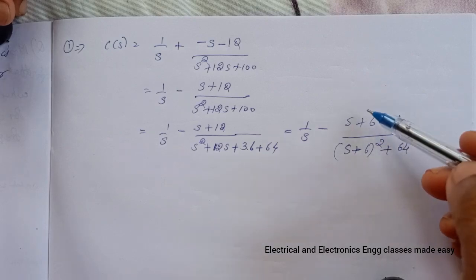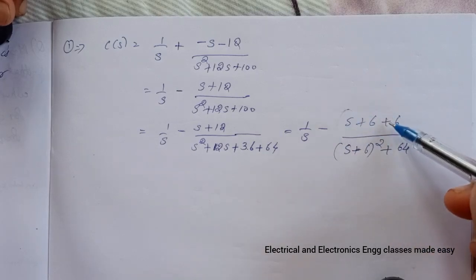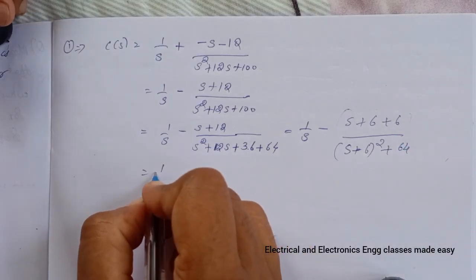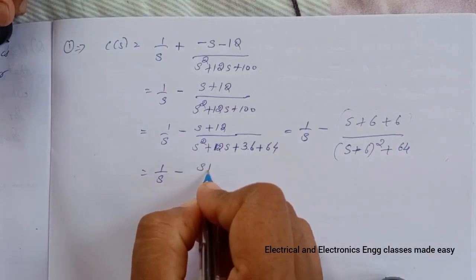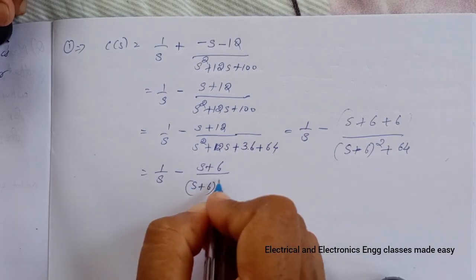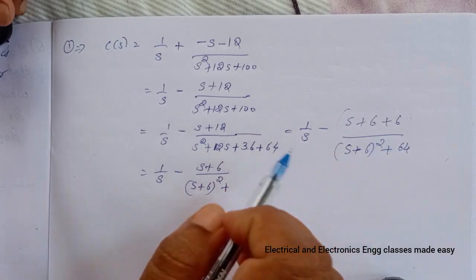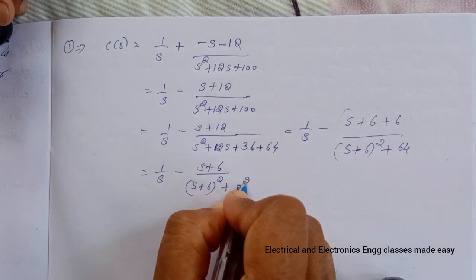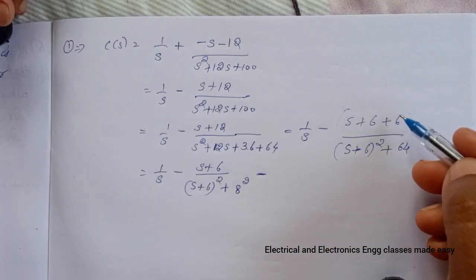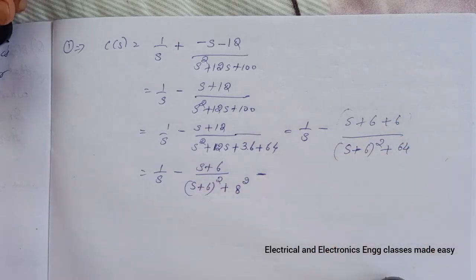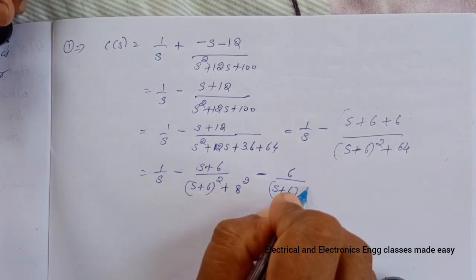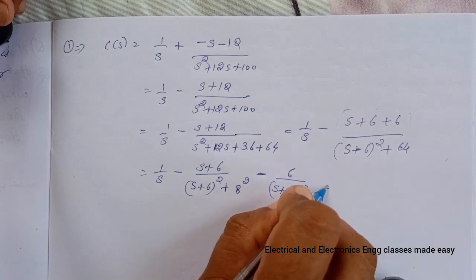Now we can take these two terms separately. So we get 1 divided by s minus (s plus 6) divided by (s plus 6) the whole square plus 8 square, minus 6 divided by (s plus 6) the whole square plus 8 square.